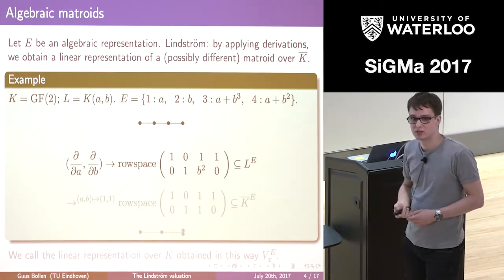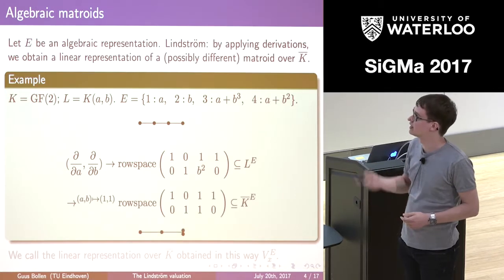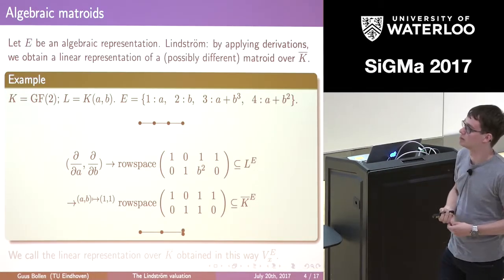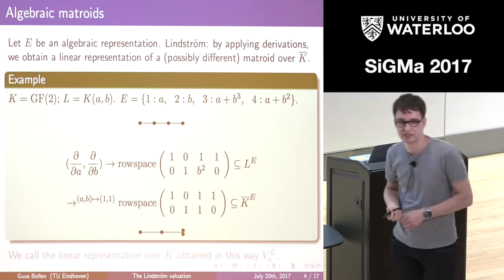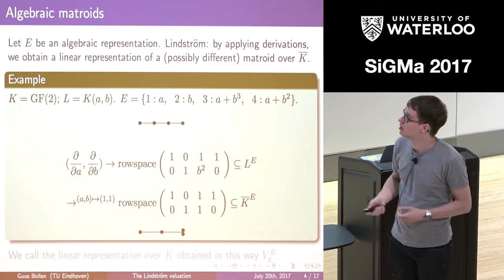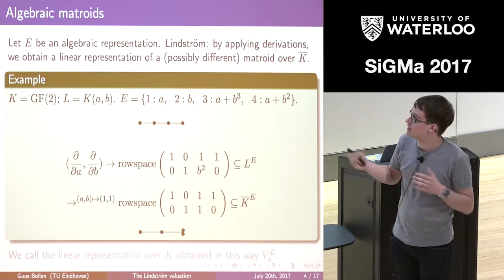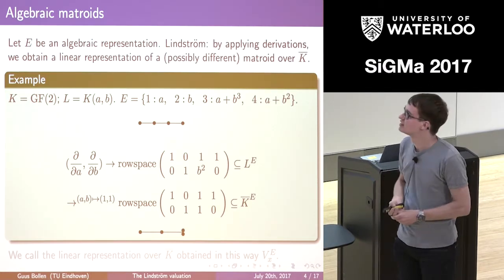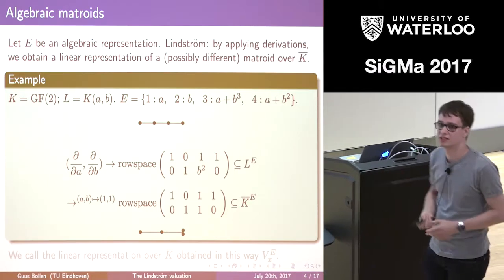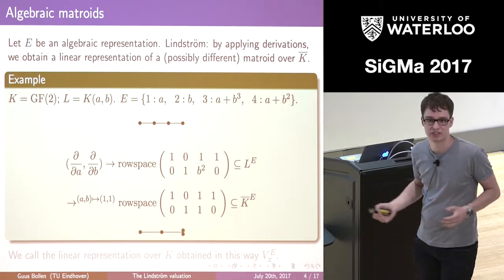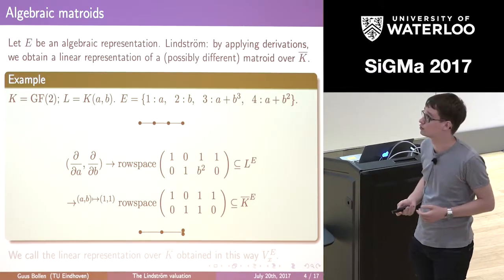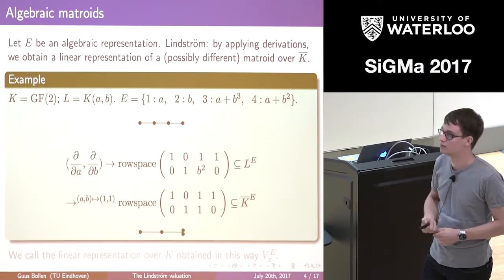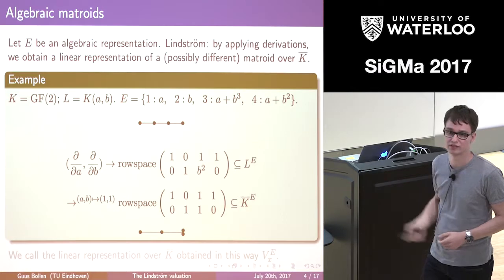And now what I do is I fill in a sufficiently general point for A and B. What do I mean by sufficiently general? Well, I want as few extra dependencies as possible. So in general, such a point may not exist within the original field K. In this example, the point 1, 1 suffices.